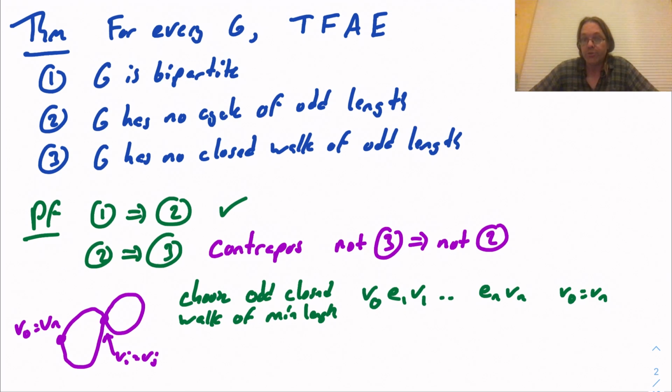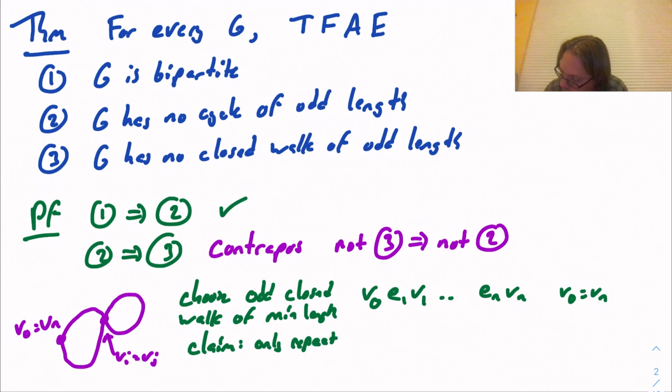And now I'm going to claim that this doesn't have any repeated vertex. So the claim here is the only repeat is that v0 equals v sub n.